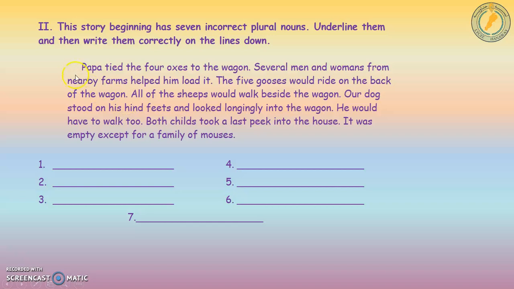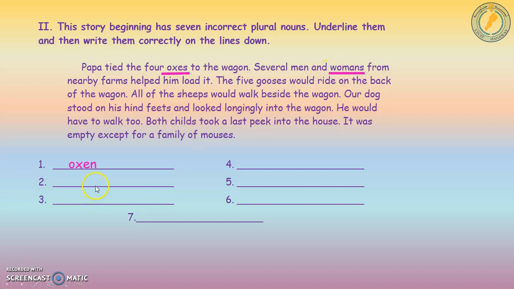So let's go back again to the first sentence. Papa tied the four oxes to the wagon. Where's the mistake? Oxes. How do you write it in the plural? Yes, we add EN instead of ES. Several men and women from nearby farms helped him load it. Several men and women.